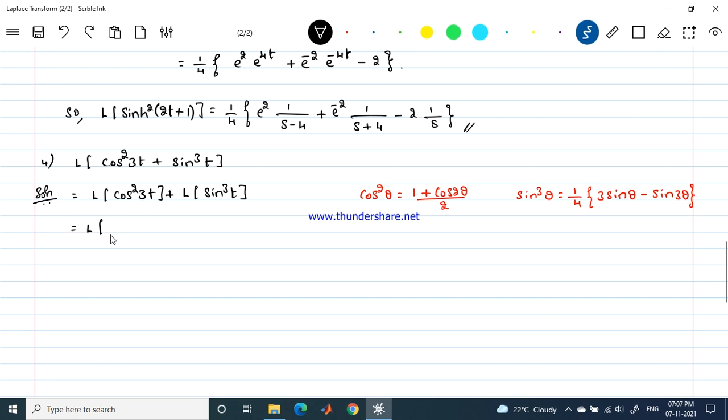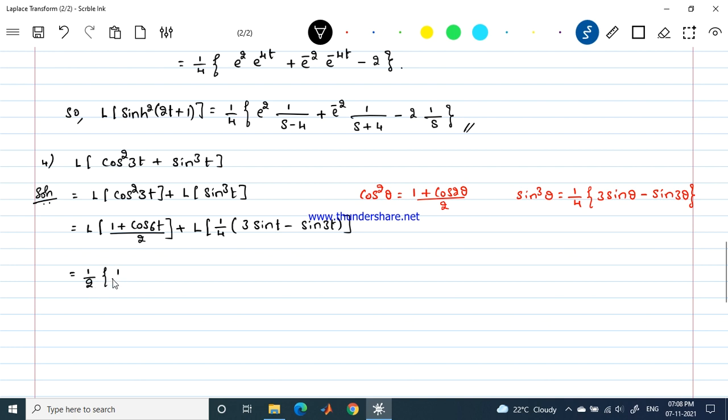Cos square 3t becomes 1 plus cos 2 times 3t, that is cos 6t, upon 2. Let's close the bracket, plus L of 1 by 4 times 3 sin t minus sin 3t. This is equal to 1 by 2, a constant.